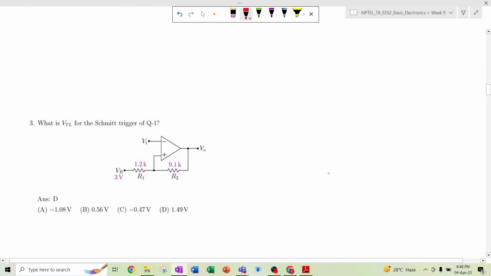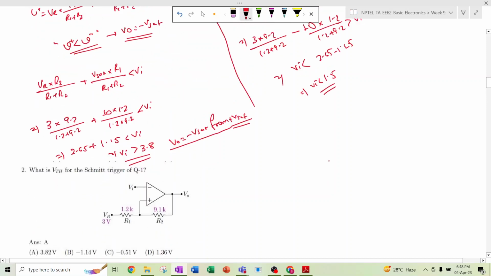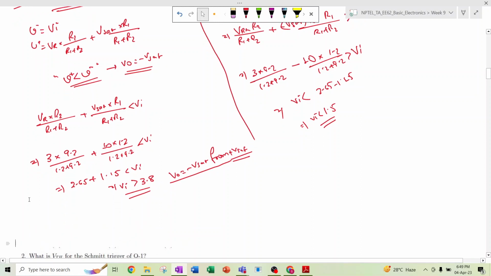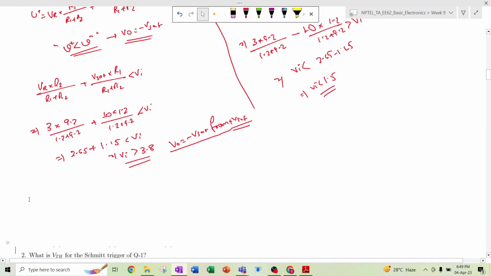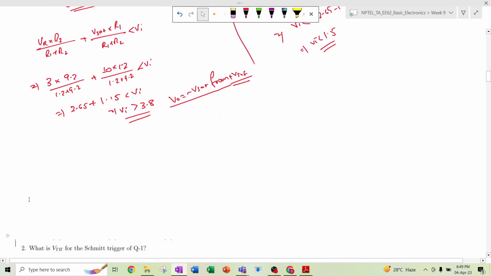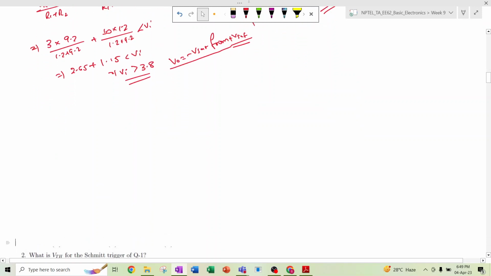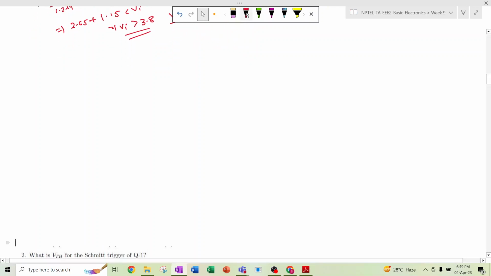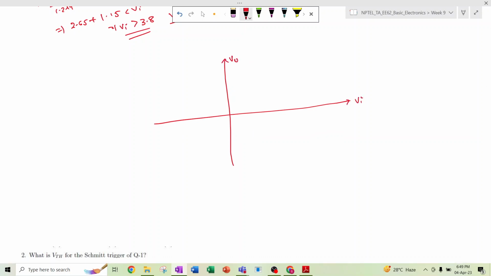So what is happening in this? Listen carefully. If we plot the transfer characteristics of the circuit, that means input versus output, this is input Vi and this is output VO.